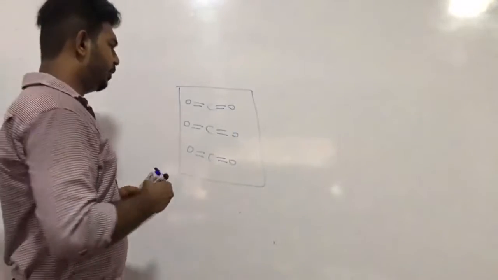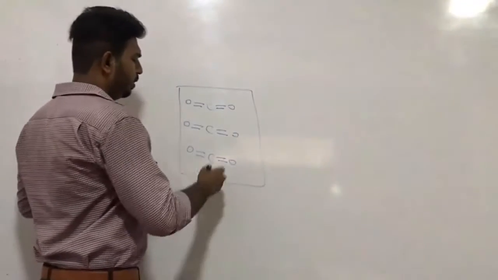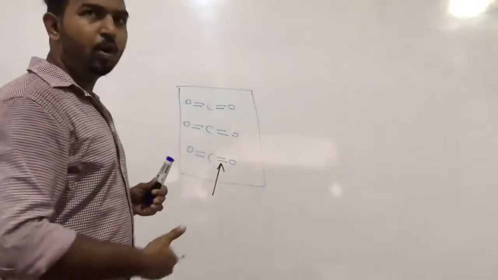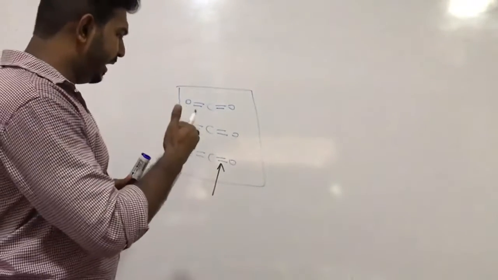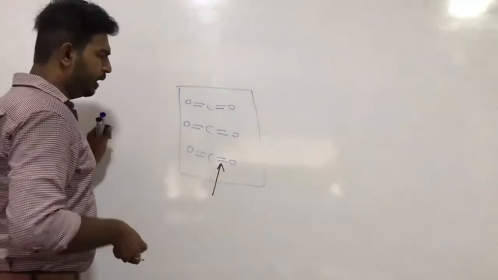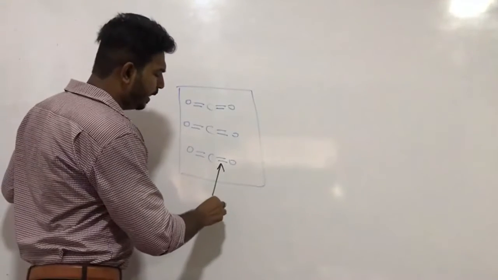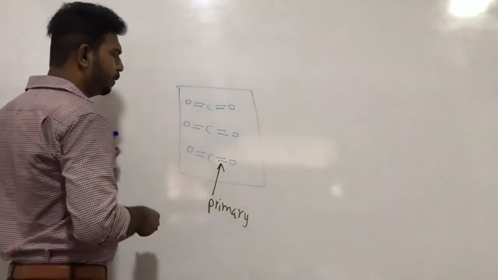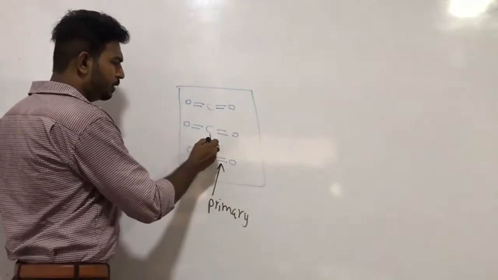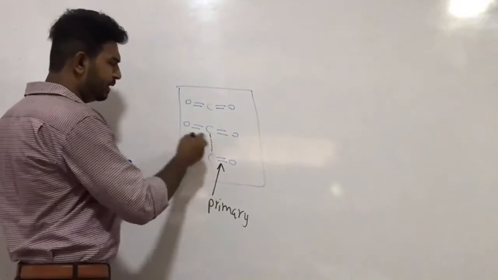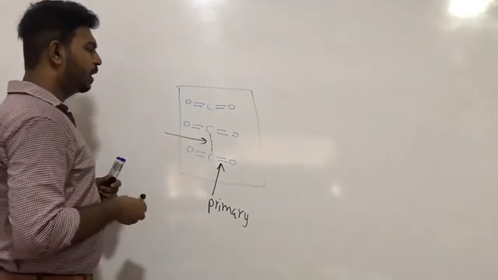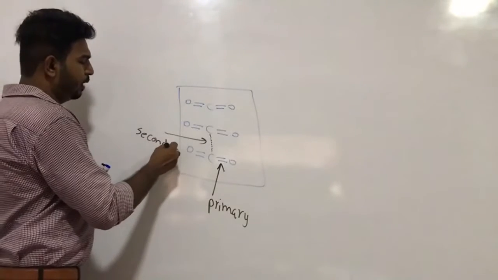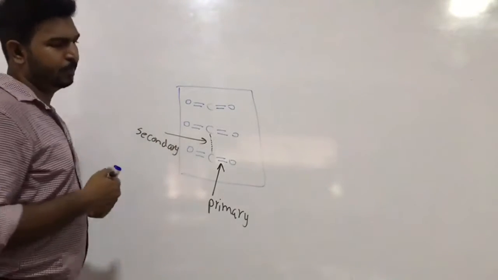If we consider these molecules, the bonds or attraction forces inside the molecule are called primary interactions. The attraction force in between two molecules is called secondary interactions.